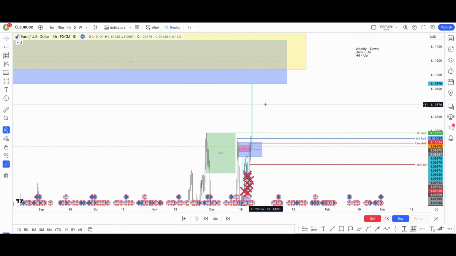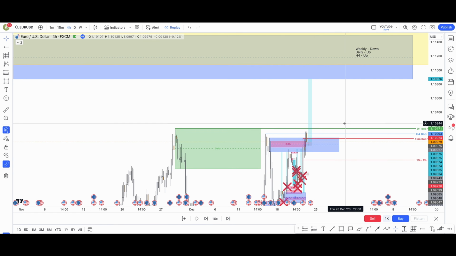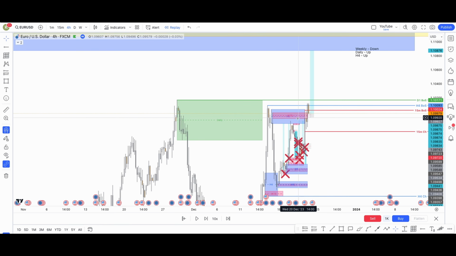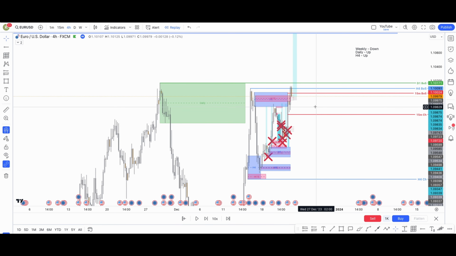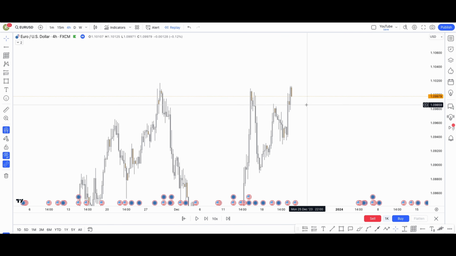But if we do get that, by the way, so let's double check. That was the H4 that we've just mitigated and gone through. And the next one, which is being left behind, doesn't look great. We have this, and we also have that inside bar, which is now rebalancing.